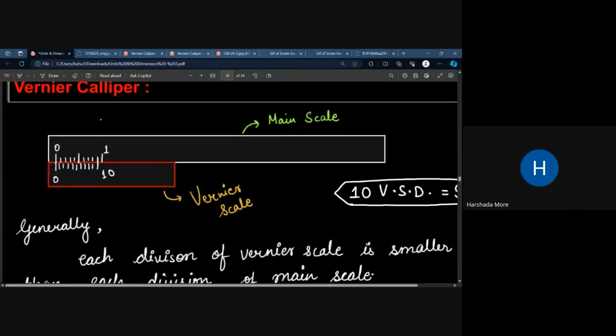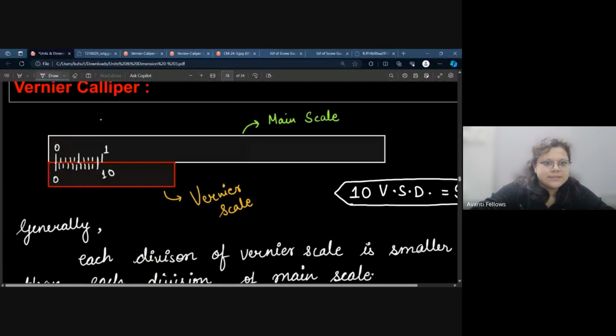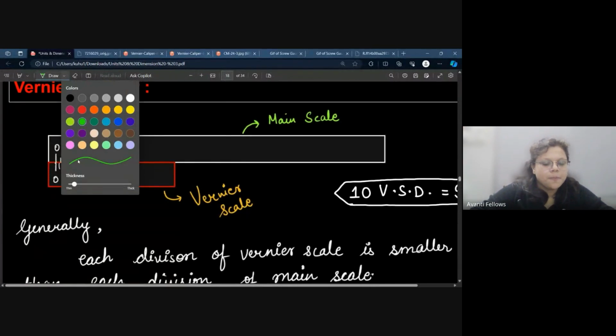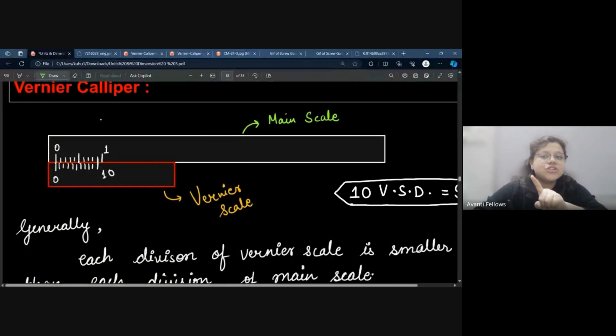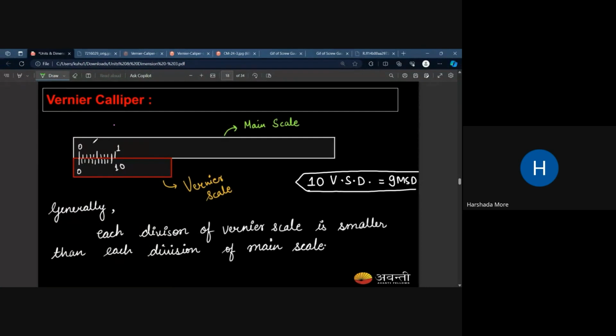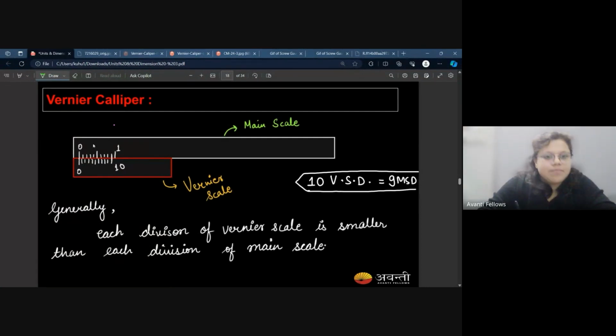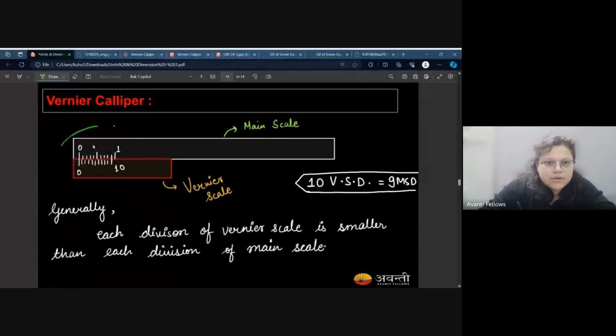Yes, ma'am. I guess it is visible to you that 9 divisions of the main scale are equal to 10 divisions of the vernier scale. Is it yes or no? Are you getting it? Ma'am, can you repeat? Yes. See here, a second.